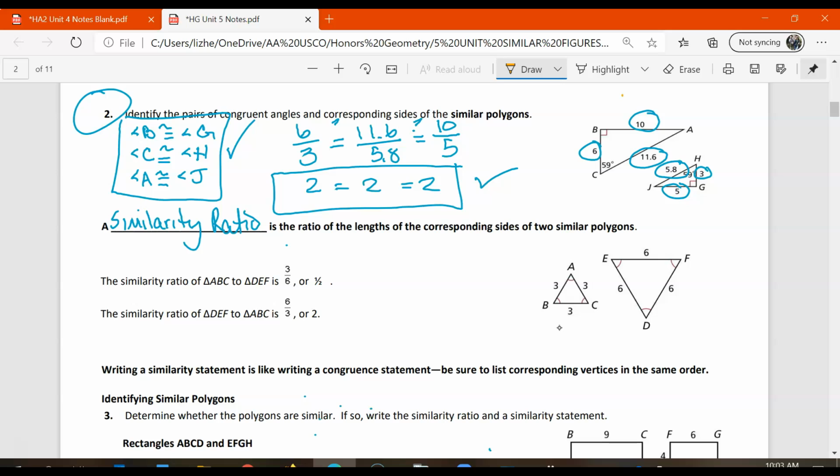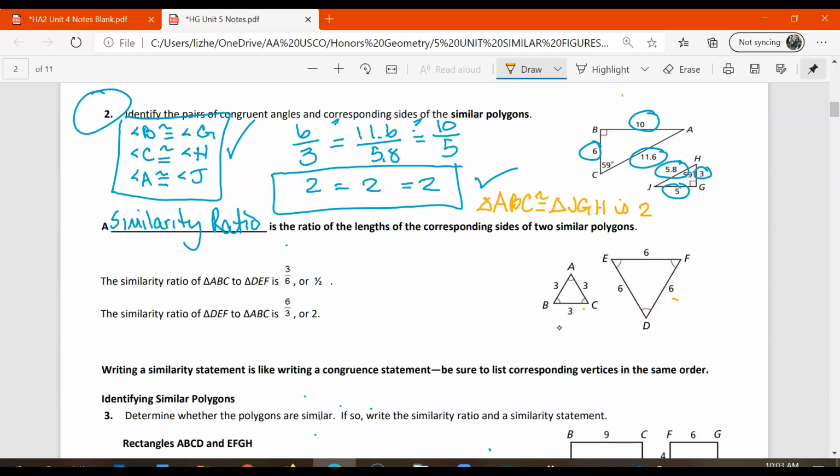We saw that if I go big to small, we have the ratio of 2. So I would say triangle big ABC to the small triangle, which is JGH, is 2.